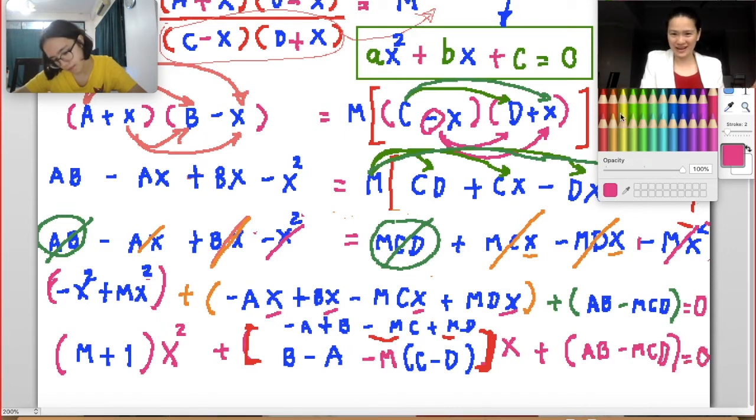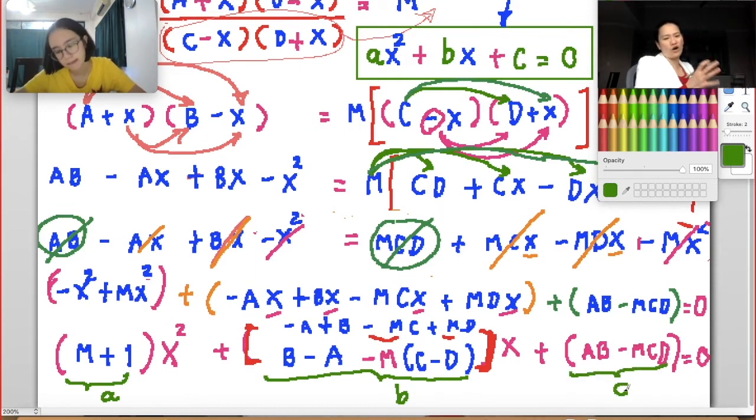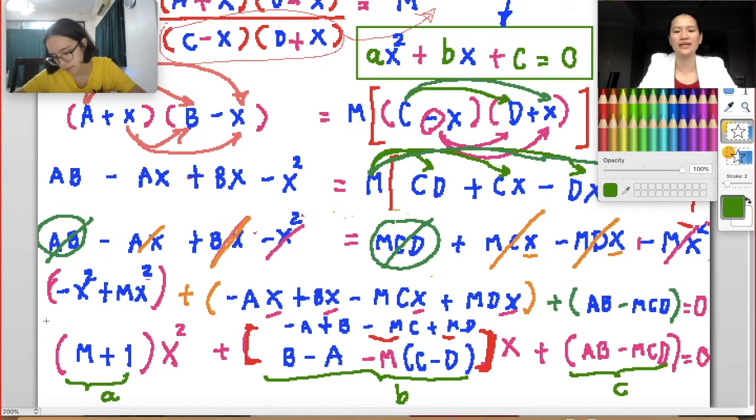Can you see that if I just say all of this term is A, it's going to be like ax squared plus this term could be b, that's correct, and this term AB minus MCD could be c. And then I put all of that into our formula. Let me try to do something here.